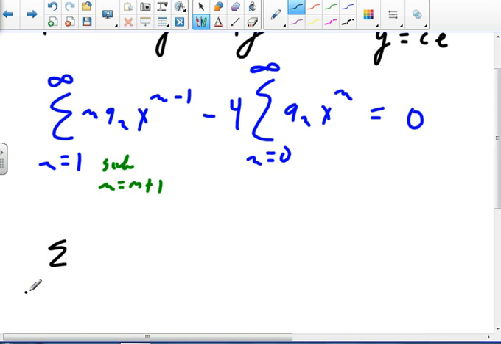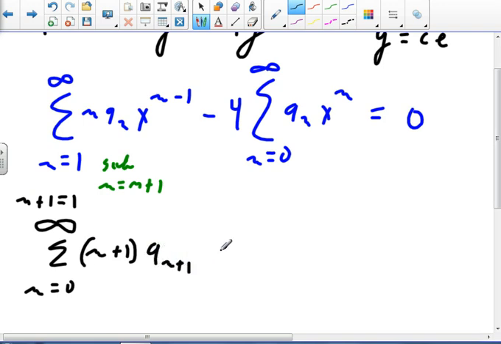So the summation n is equal to 0. You see how I get a 0 there? I put an n plus 1 here, so I have n plus 1 equals 1. I subtract 1 from both sides, n is equal to 0. n plus 1, a_(n+1), x to the n, minus the summation n equals 0 to infinity. I can bring that 4 inside.